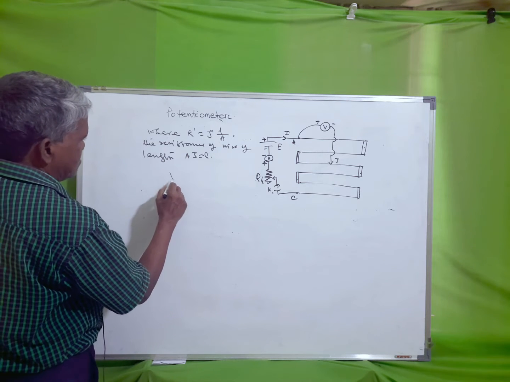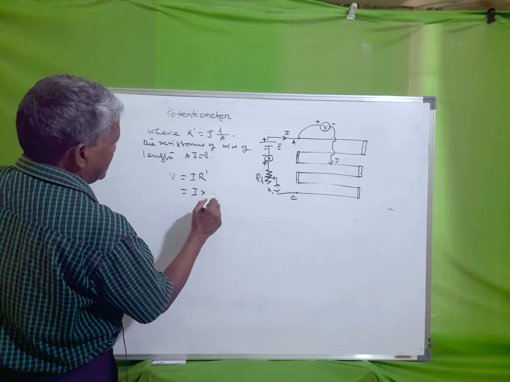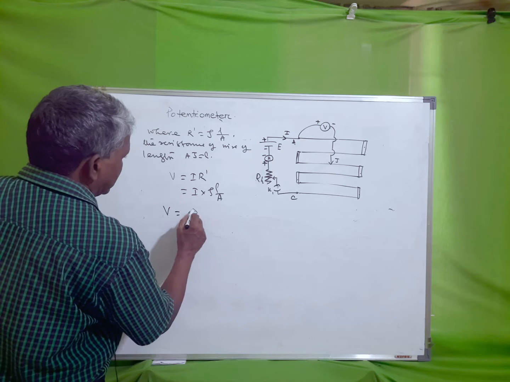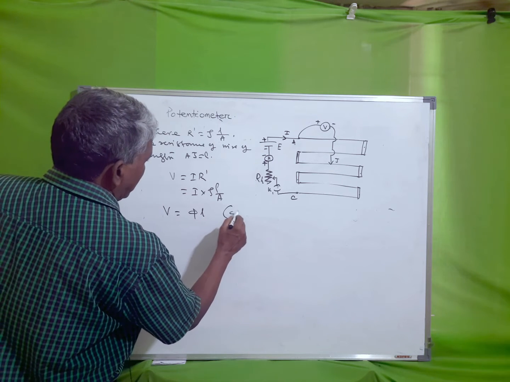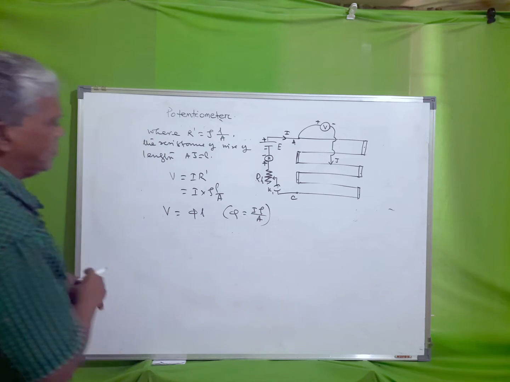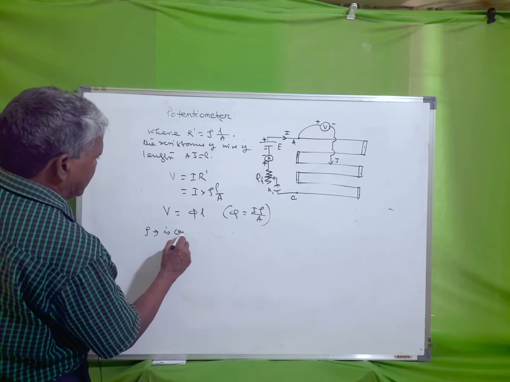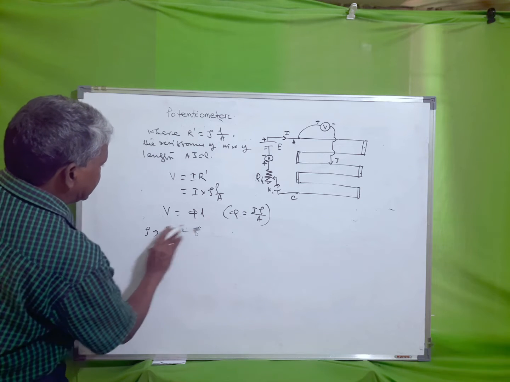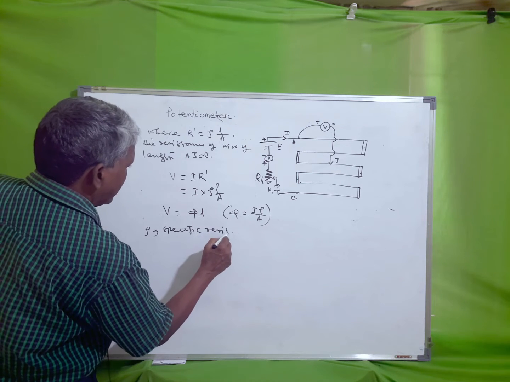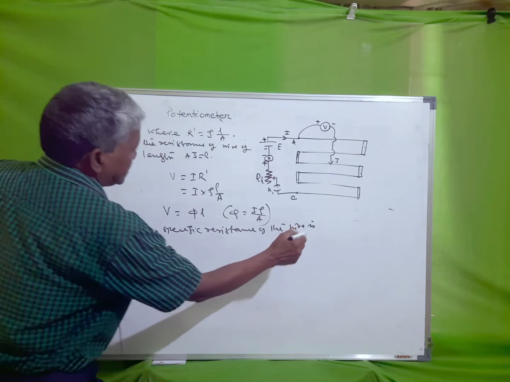Again we can write V is equal to I R dash, that is I into rho L by A, or V is equal to some constant phi L, where phi is equal to I into rho by A. Rho, the specific resistance of the wire, is constant.